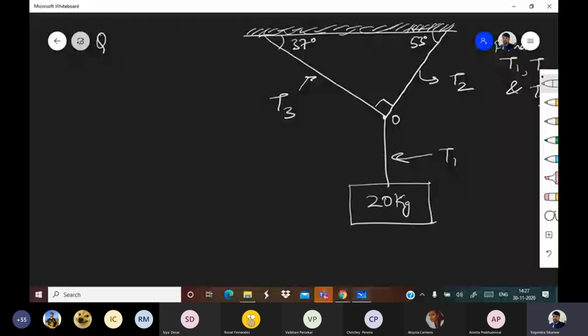Pratyusha is saying that T1 is equal to 200, T2 is equal to 160 and T3 is equal to 120. All right. One more person to answer. T1 is equal to 200.